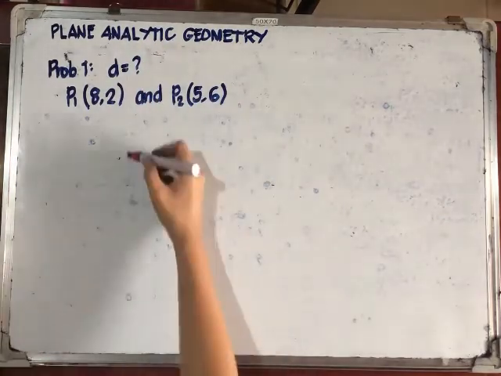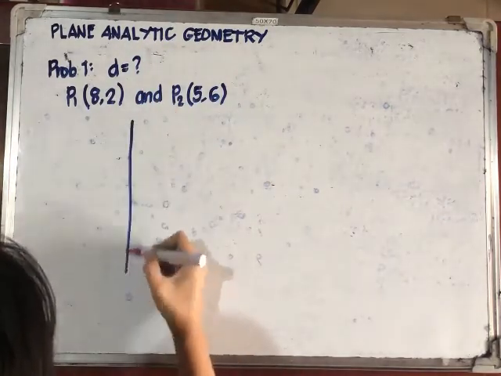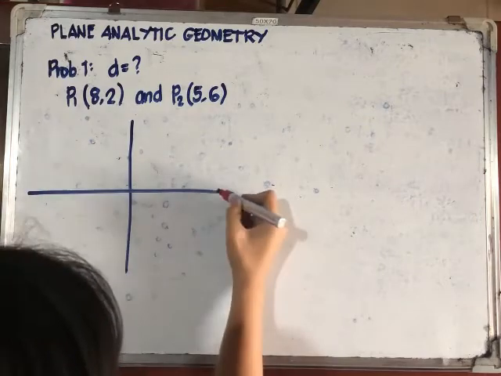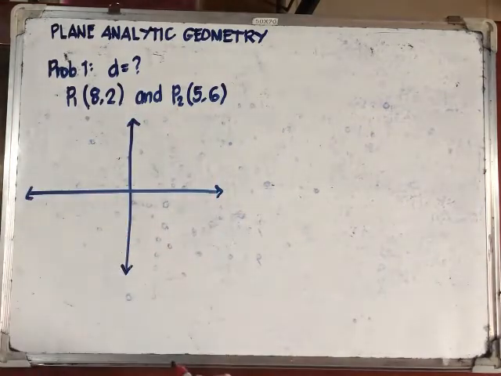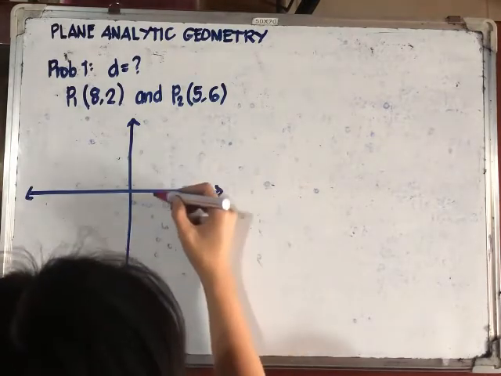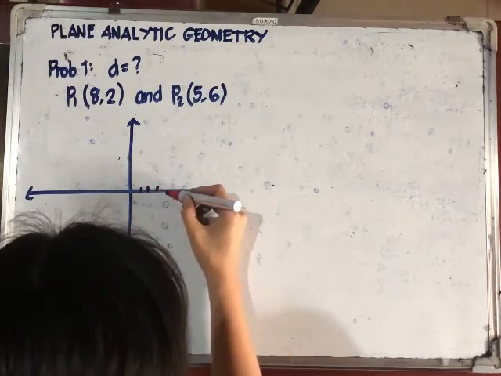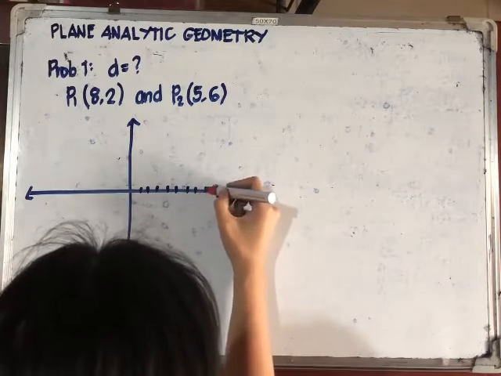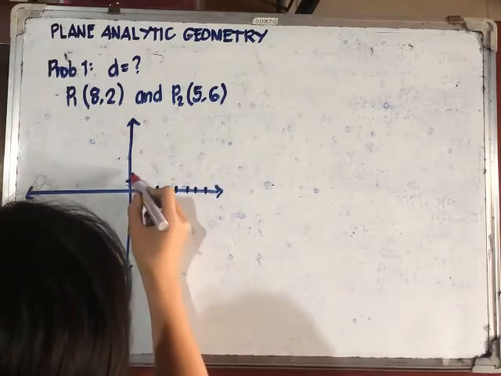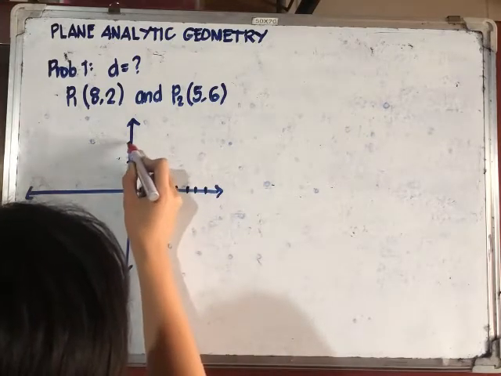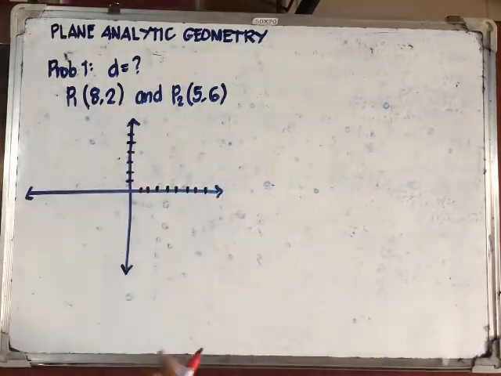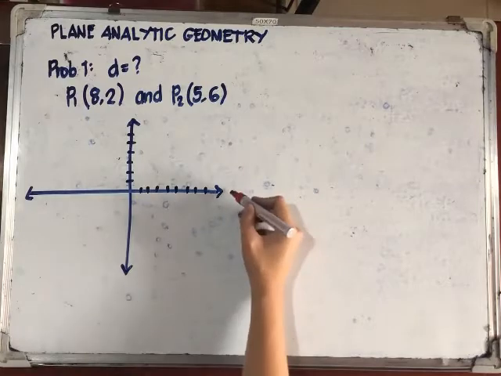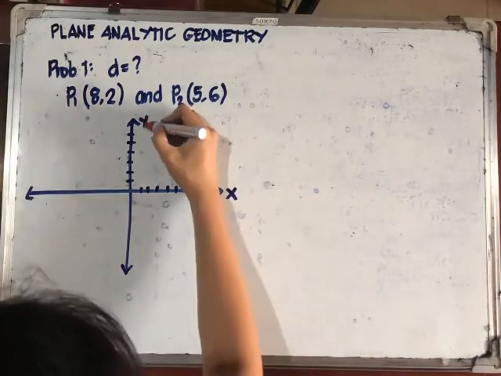If you are to plot that, we have 8, 2. Let's just say we have 1, 2, 3, 4, 5, 6, 7, 8. And this one is 1, 2, 3, 4, 5, 6. Basically, both of them are in the first quadrant because x is positive and y is also positive.